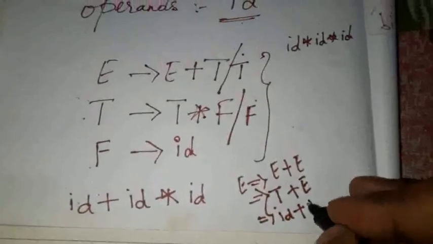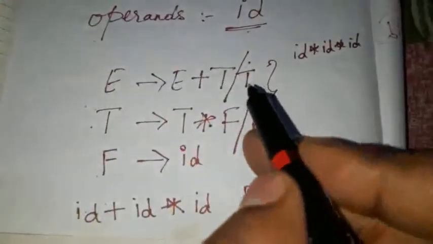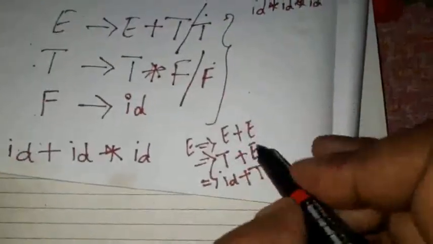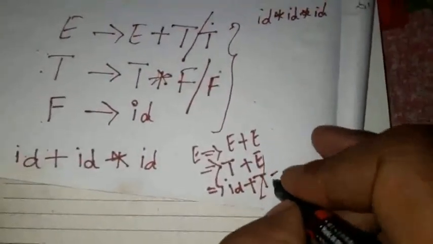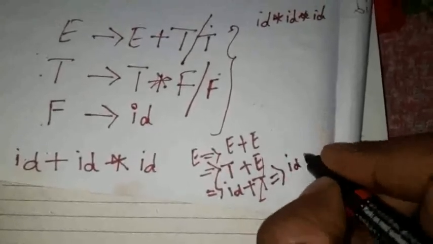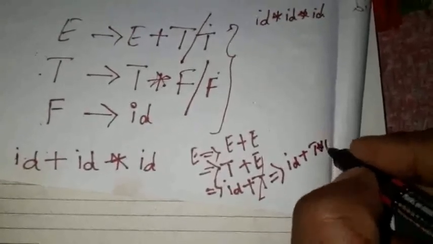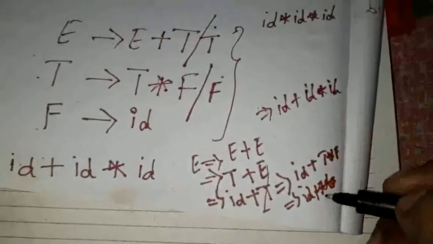Notice the definition of T. T can be T star F. So I'll write this as ID plus T star F, where T can be written as F, that is ID plus F star F. So next it will be ID plus ID star ID, because I am replacing F star F with ID star ID.